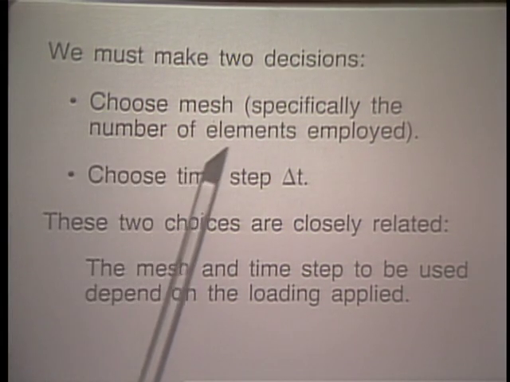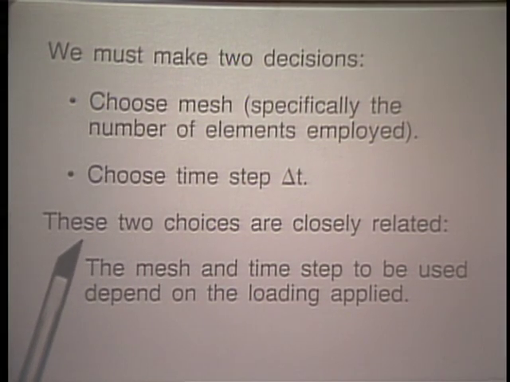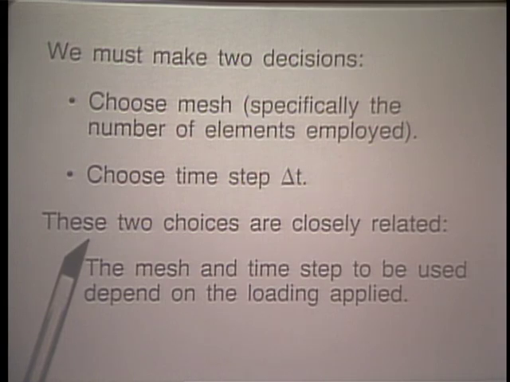The choice of mesh and the choice of the time step are two very closely related items, and that's what I would like to discuss with you in this example in more depth. Of course, the time step and the mesh must both depend on the loading that is applied.